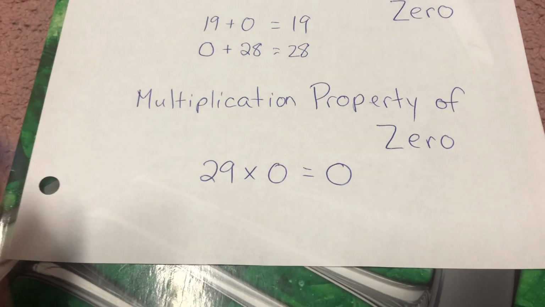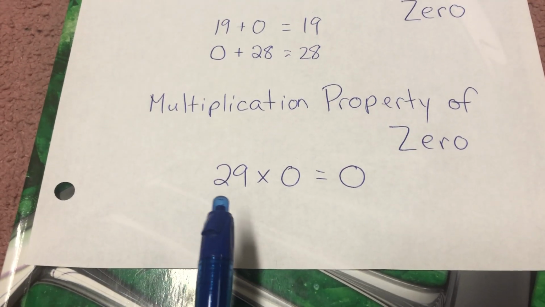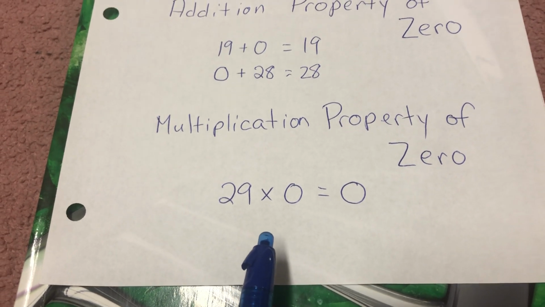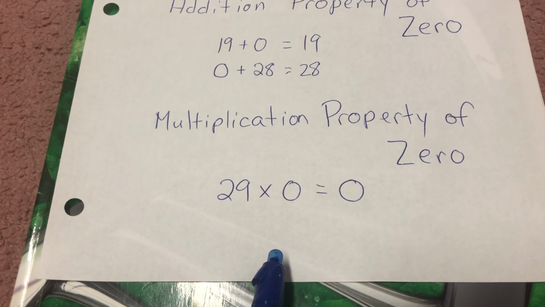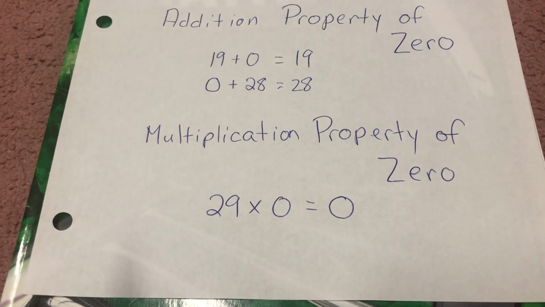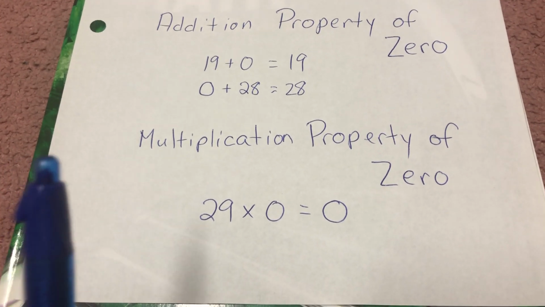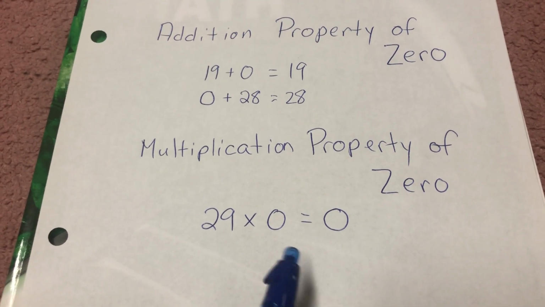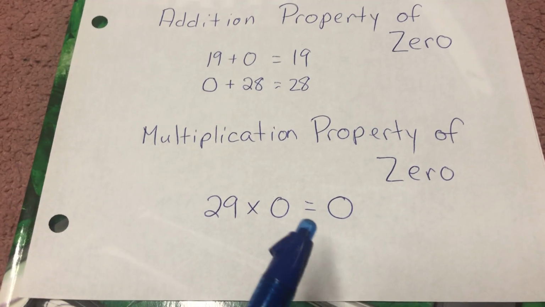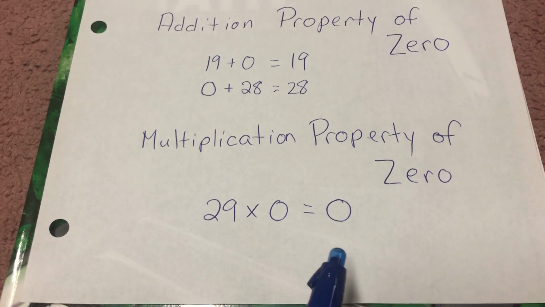The multiplication property of 0 basically states, as this is one of the first things you probably learned back in third grade or whatever, when you started your multiplication tables, the idea that whenever you take a number and you multiply it by 0, it's going to equal 0. And so 29 times 0 equals 0.